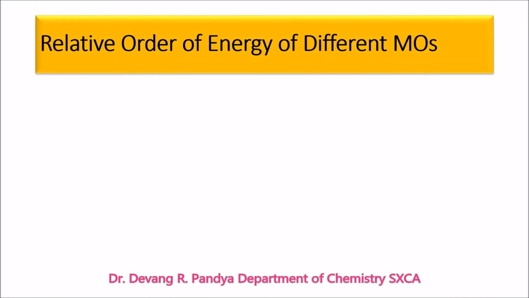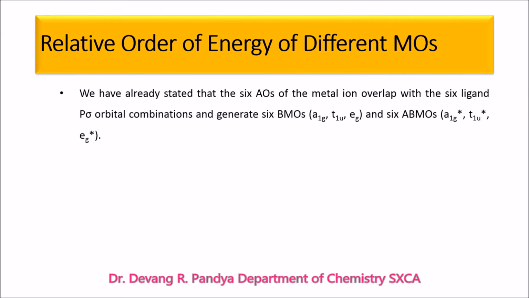A relative order of energy of different molecular orbitals: we have already stated that the 6 atomic orbitals of the metal ion overlap with the 6 ligand p sigma combinations, that is LGO, ligand group orbitals, and generate 6 BMOs.